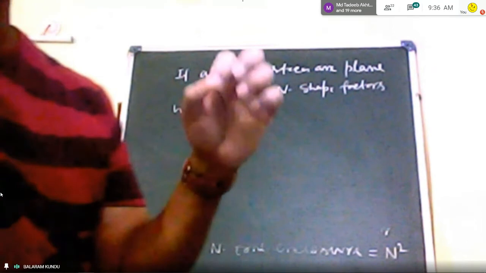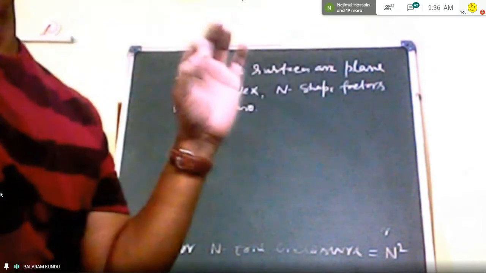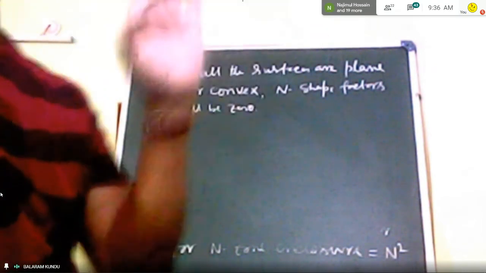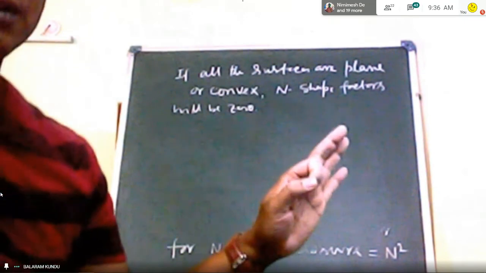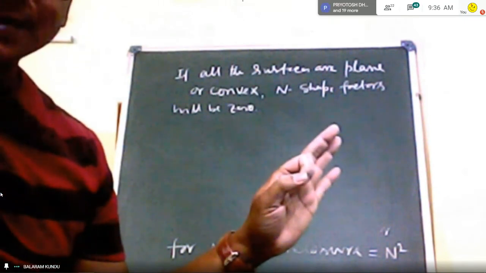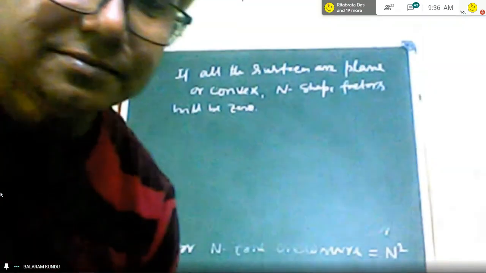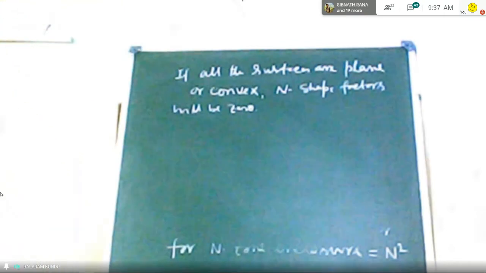In this way, if an n zone enclosure is there, how many relationships will be obtained by considering the reciprocity relationship? Any idea? Hello? So for n, this, square minus n.